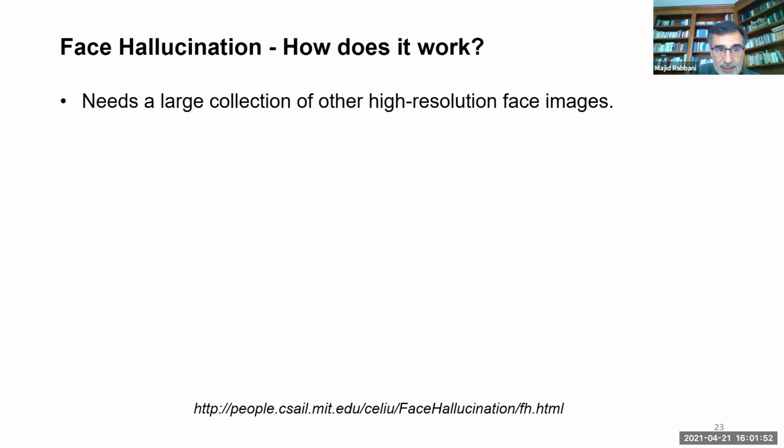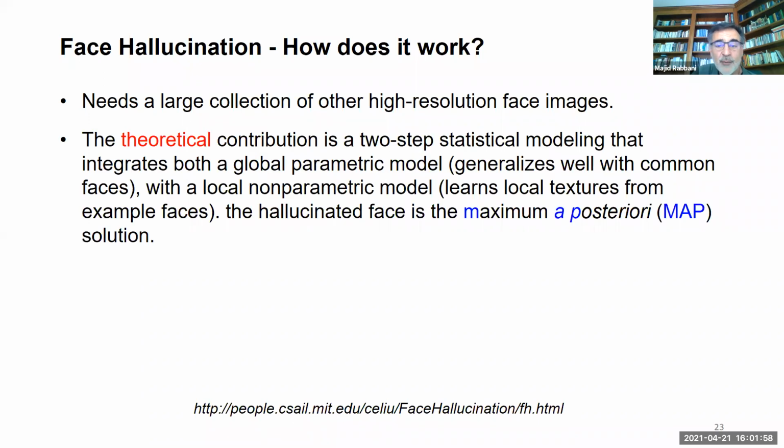The part that is easy to see is that it needs a large collection of other high resolution face images. The part that cannot be made any simpler is that there are two contributions within face hallucination of the MIT work, a theoretical contribution and a practical contribution.